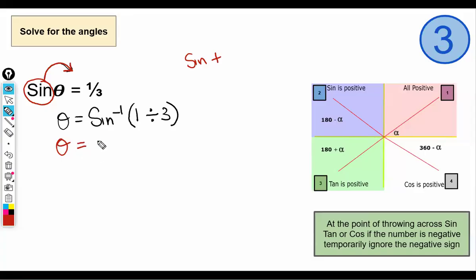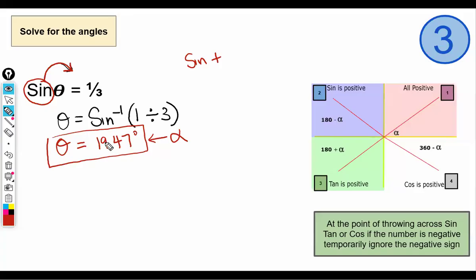Sine inverse of 1/3 is 19.47. I use the whole fraction. If you use 0.33, rounded off to 2 decimal places, you'll get a slightly different answer than 19.47. Just slightly.